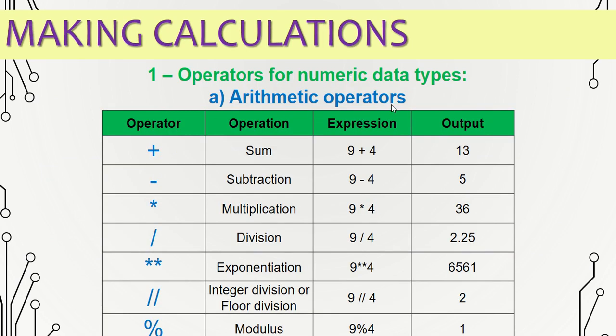Then we have arithmetic operators, the ones that we are very familiar with: plus, minus, times, and division. Then we have double asterisk, which gives us exponentiation, double division, that gives us an integer, or floor division, it will give us back only the integer part of a division, and modulus, which will give us back only the remainder of a division.